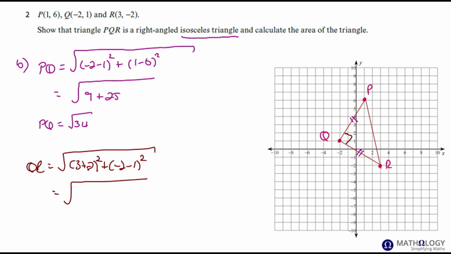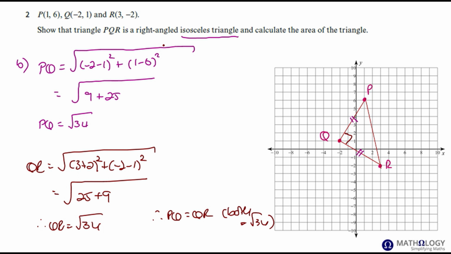Equals the square root of 3 plus 2 is 5, 5 squared is 25, plus minus 2 minus 1 is minus 3 all squared is 9. Therefore, QR equals the square root of 34. Therefore, PQ equals QR, both equal the square root of 34, and therefore PQR is an isosceles triangle. So we've proven part B.